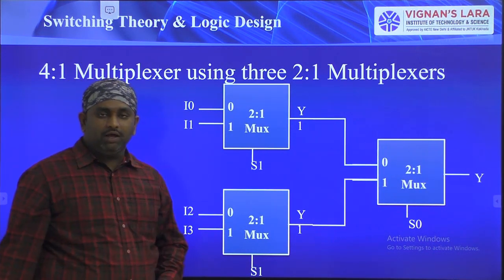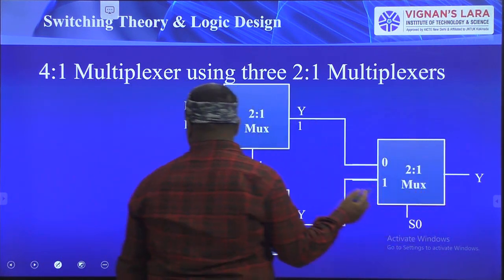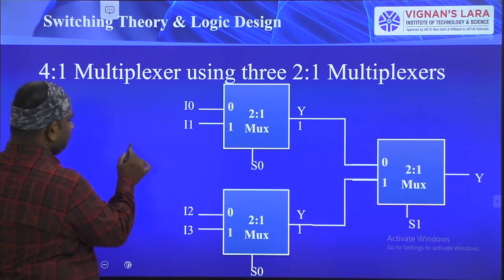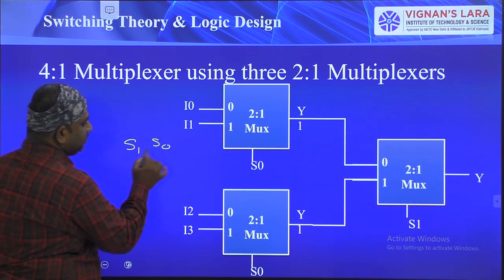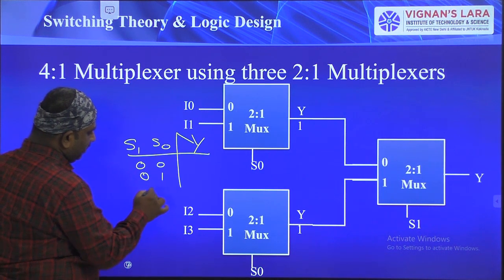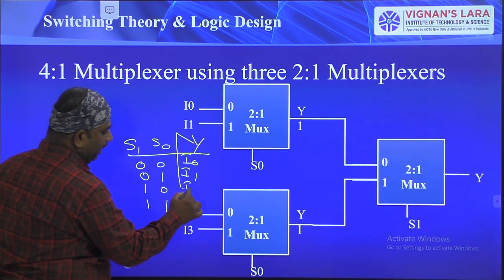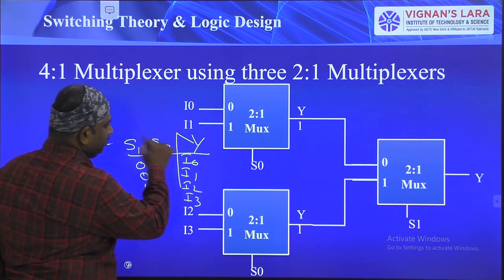Now coming to the 4:1 multiplexer operation. I am drawing the truth table with columns S1, S0, Y. The rows are 0 0, 0 1, 1 0, 1 1, and the outputs are I0, I1, I2 and I3.